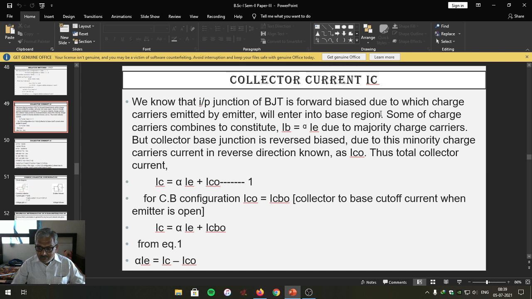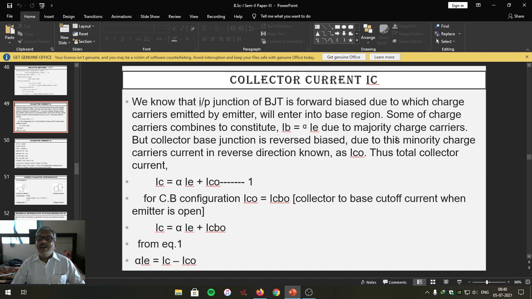This is a well-defined statement that some of the charge carriers will combine to constitute the base current due to the majority charge carriers. But we are also aware that as the output junction is reverse biased, ideally majority charge carriers don't contribute to conduct the current, but minority charge carriers will flow in the opposite direction, constituting a small amount of current in the reverse direction known as reverse saturation current.